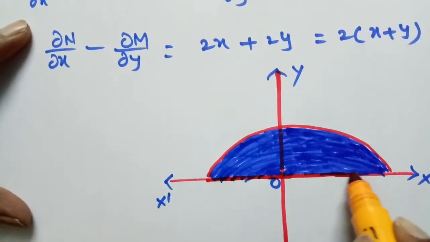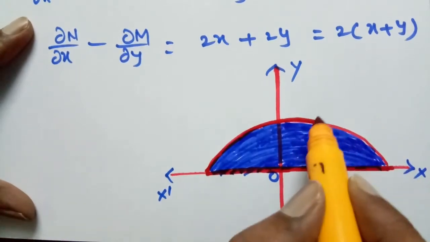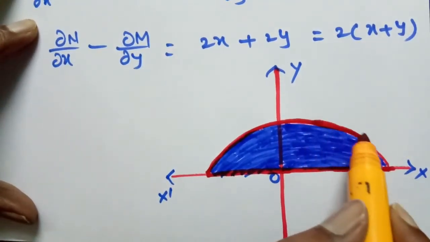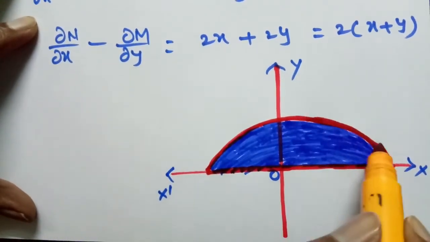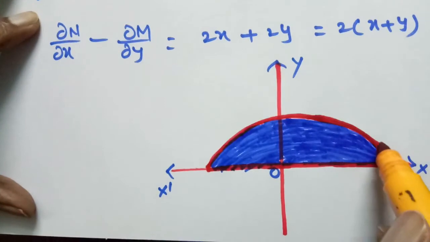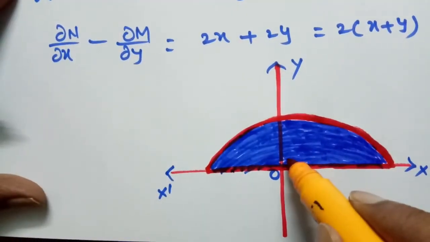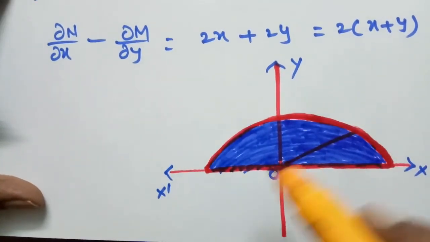X-axis, upper half of the circle, this is the area bounded by the x-axis and the circle, whose radius is r is equal to a.